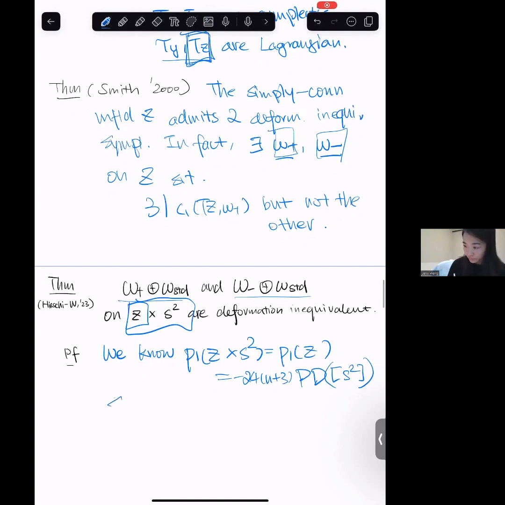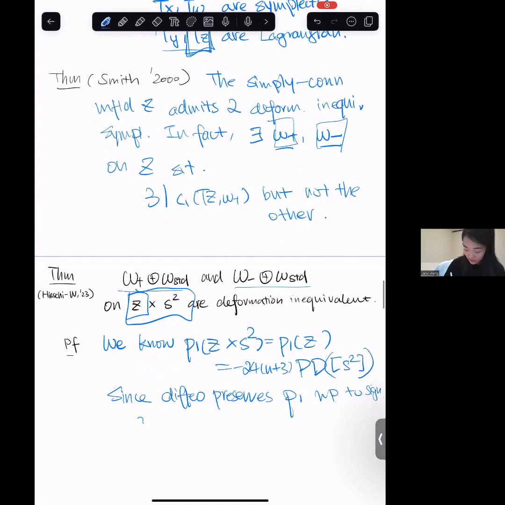Since diffeomorphisms preserve the first Pontryagin class up to sign, because we allow orientation reversing diffeos as well, and just to be complete, we know the homology is free.